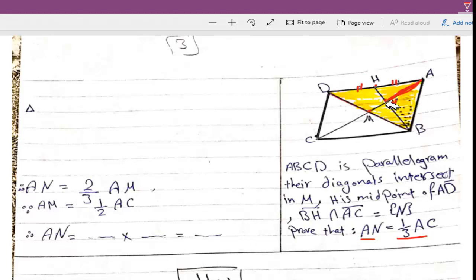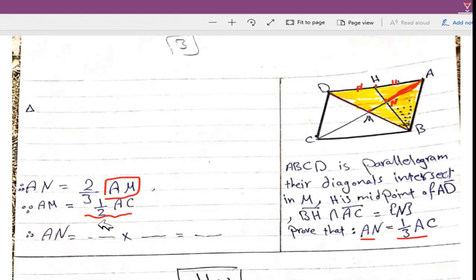Second one, AM equals half AC. AM, it's also from the properties of the parallelogram. AM is half AC, so AN equals 2/3 by AM. Instead of AM, I can write half by AC, right?